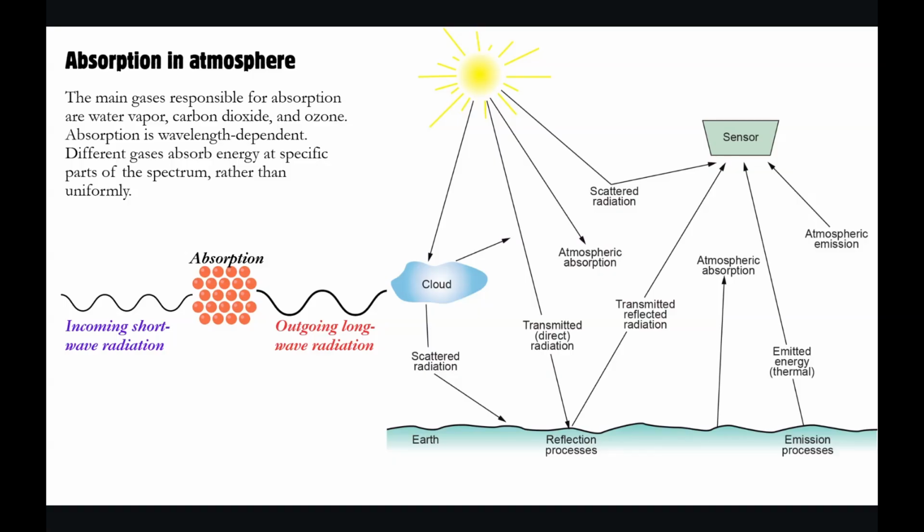Is there any question pertaining to this diagram? Just have a look at the pathways taken by this radiation, both incoming as well as outgoing. Just remember that incoming radiation is always short wave radiation, outgoing is long wave.